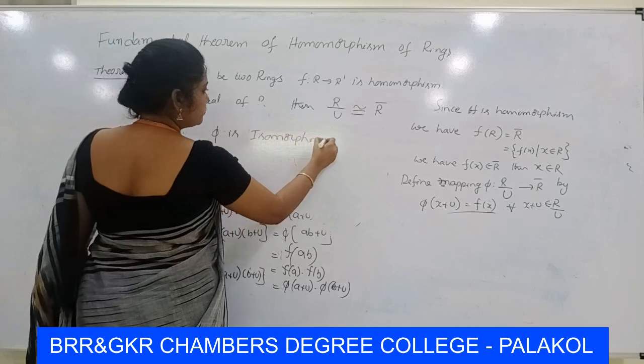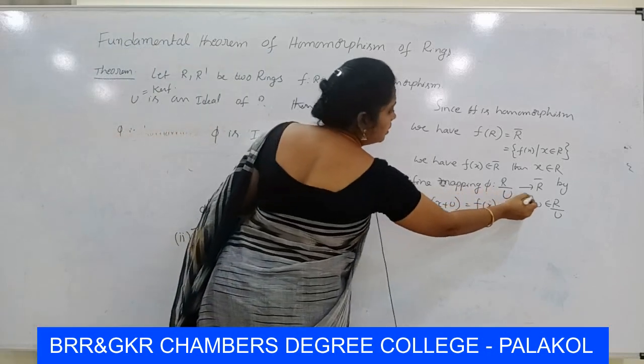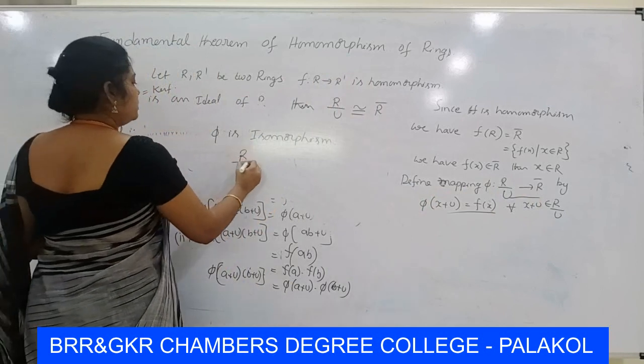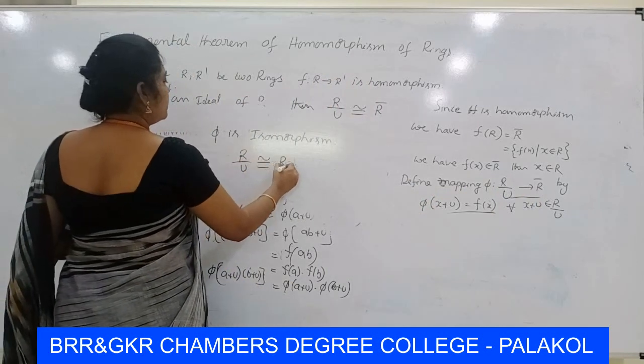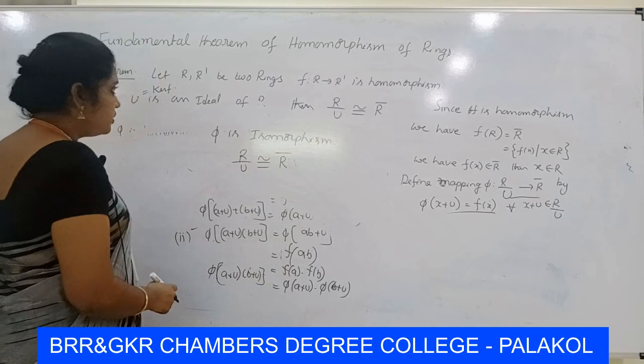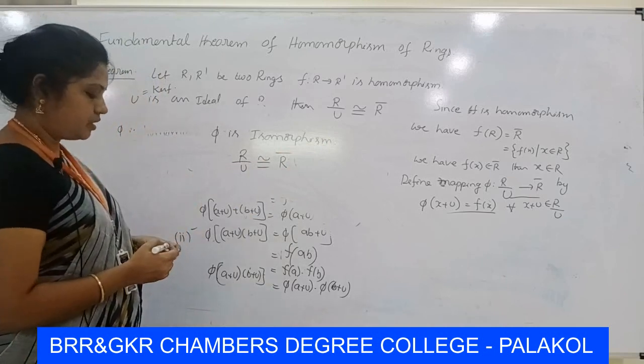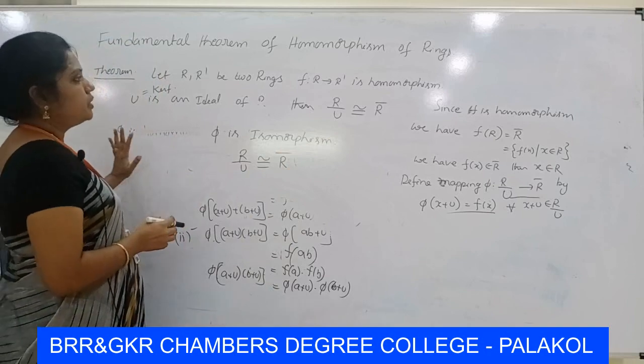That means the mapping is R by U to R bar, so R by U is isomorphic to R bar. So R bar is the isomorphic image of R by U. So this is a very important theorem.